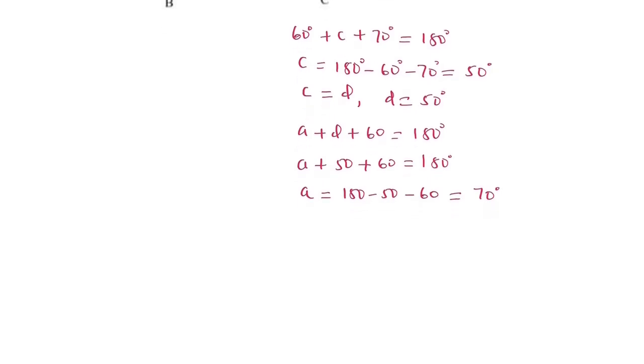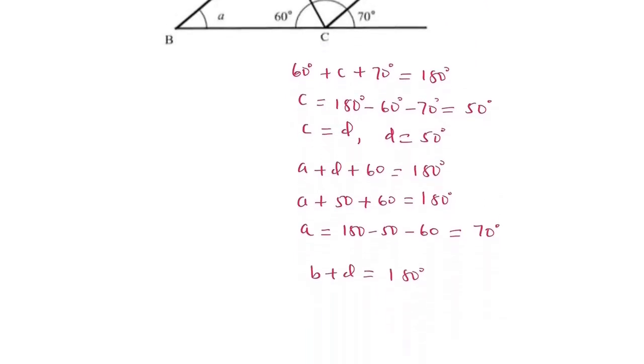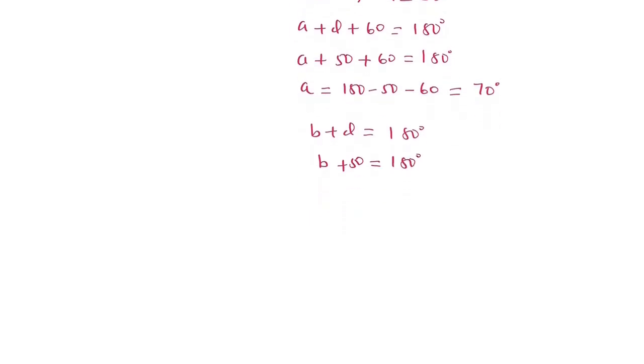And also we can say that B plus D equals 180 degrees because they form a straight line. So substituting the value of D, we have B plus 50 equals 180. Making B the subject, B equals 180 minus 50, of which solving this we have 130 degrees.